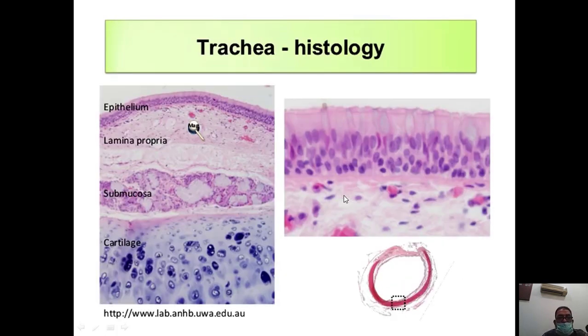Now, this is the tracheal histology. Look at the picture: pseudostratified columnar ciliated epithelium, lamina propria very vascular. Then there are the tracheal glands in the submucosa, and the hyaline cartilage is visible in this diagram. This is the high power microscopic picture, the pseudostratified columnar epithelium with many goblet cells.